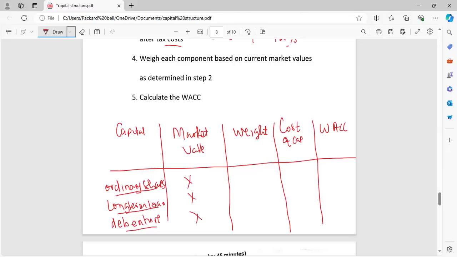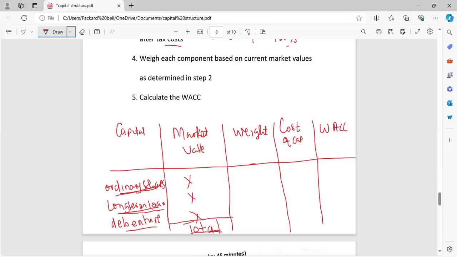What we call a weight is a proportion. After you have your market values, you are going to have a total here. Then your weight is the percentage of ordinary shares in the capital structure. So it's going to be your ordinary share over total, converted to percentage. The same applies to the long-term loan: long-term loan market value over total market value.